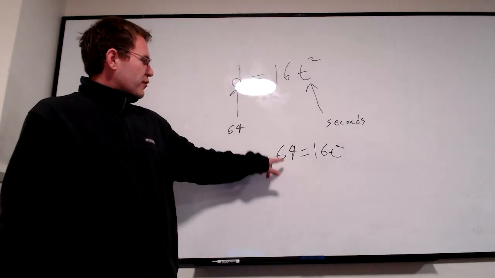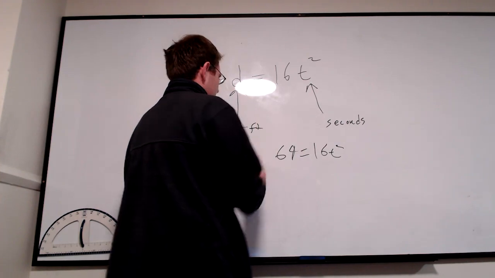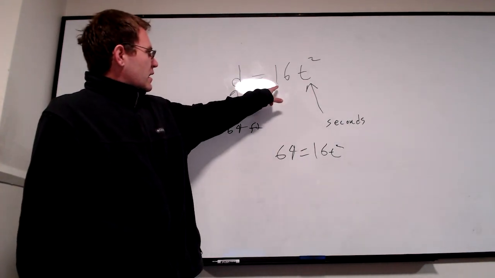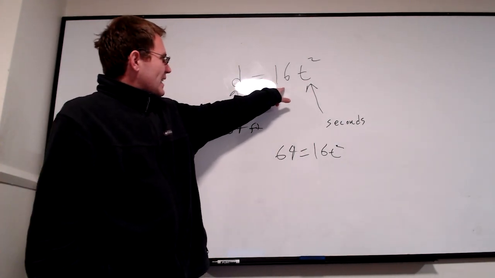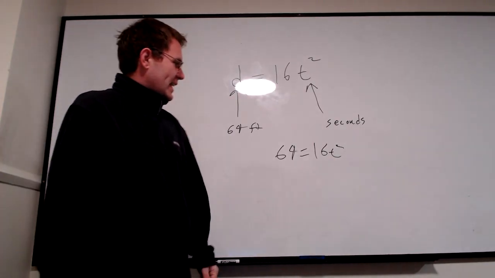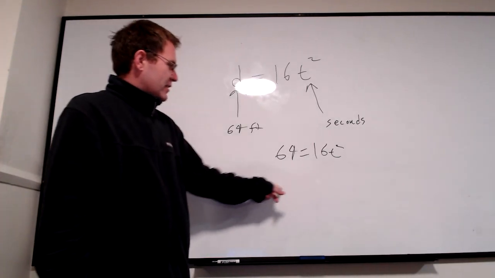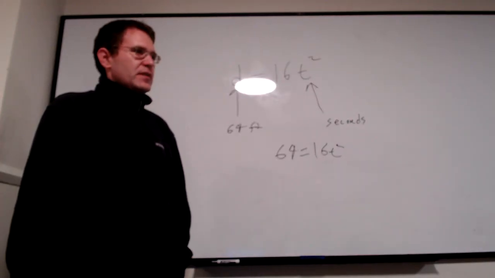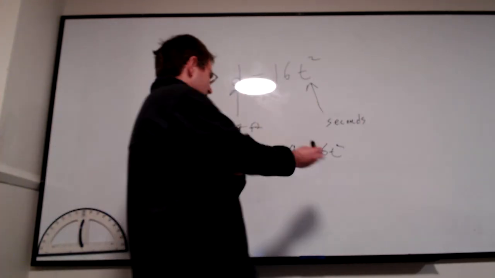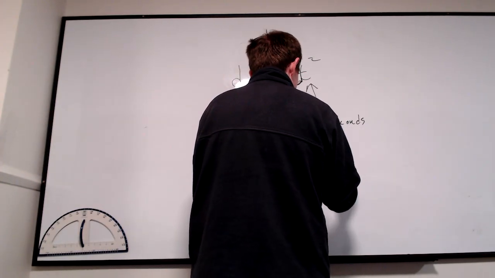So if we know the distance is 64 feet, and this is our equation, then we're just solving for the time in seconds. What would be the first step? Divide 16 on both sides. Exactly. Divide this by 16, divide this by 16.